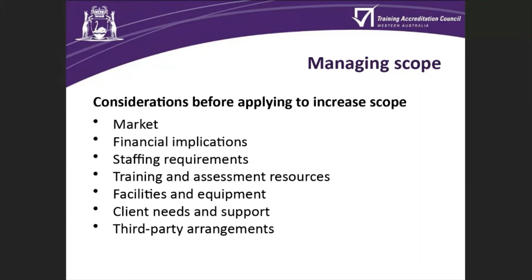You need to consider financial implications, and obviously things like equipment and facilities and so on can have major implications. You need to consider staffing requirements, and the expectation from the regulator would be that you'd be ready to run at a point of amendment, so you have to start thinking about how you're going to access the expertise that you need from a staffing perspective.